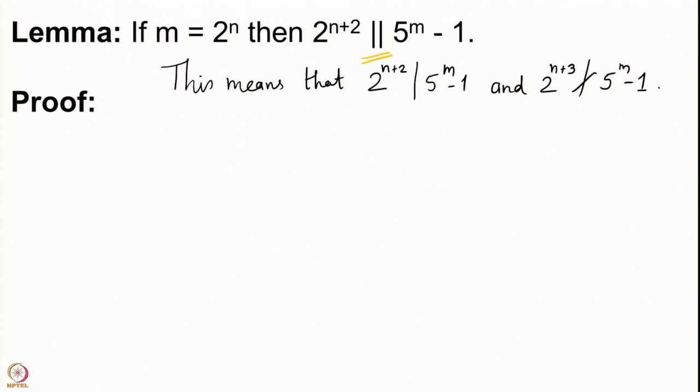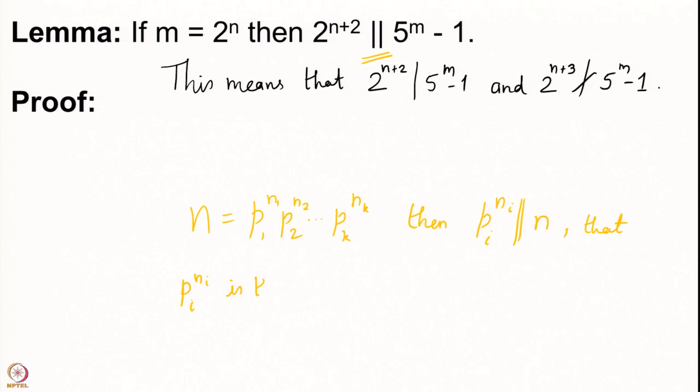So, whenever you write any number n as p1^{n1}, p2^{n2}, and so on up to pk^{nk}, then we have that pi^{ni} double divides n, or you may call it exactly divides n, which means to say that pi^{ni} is the exact p contribution to n.